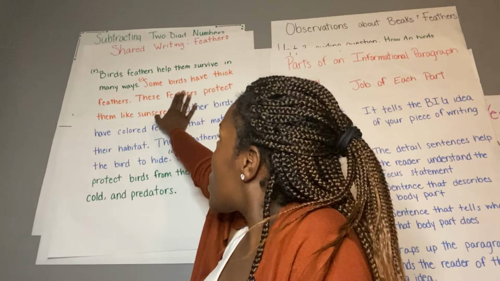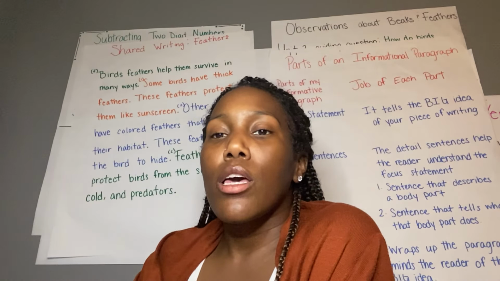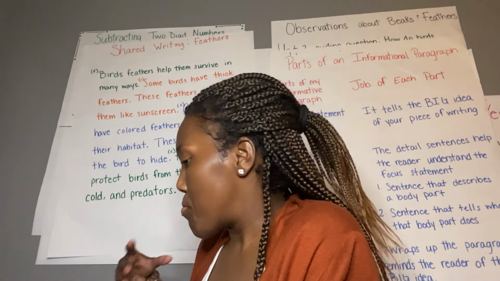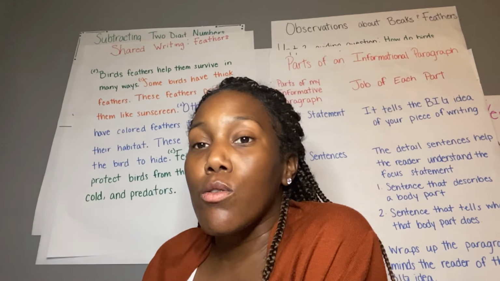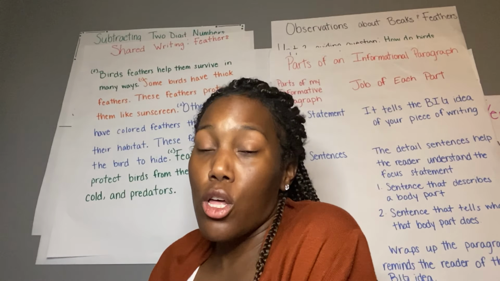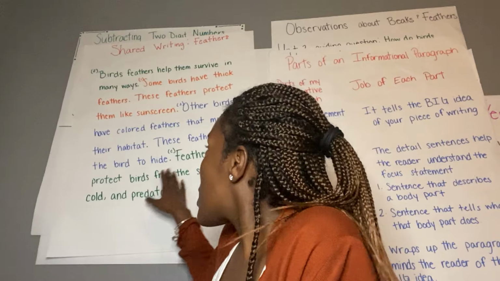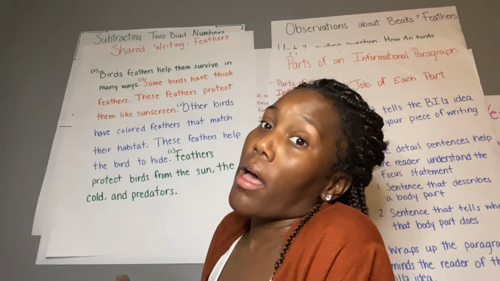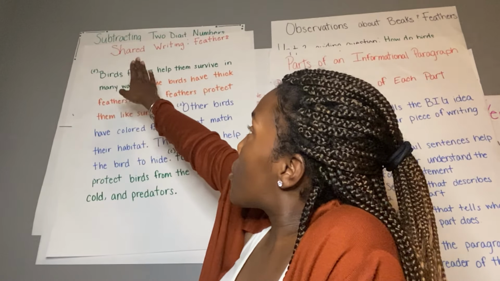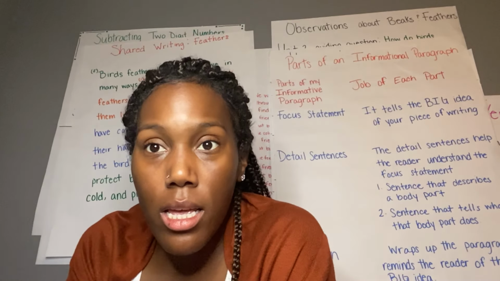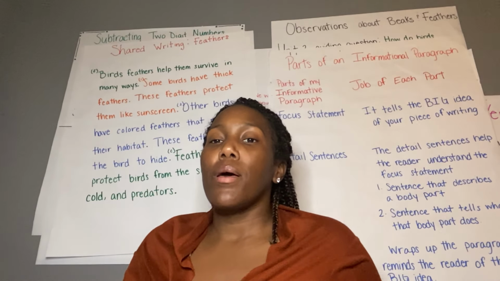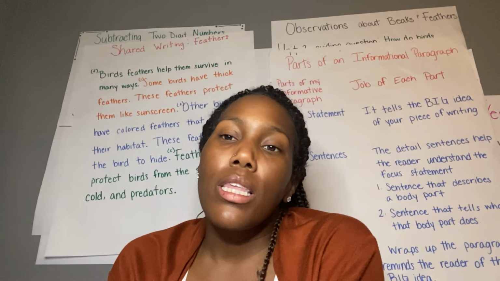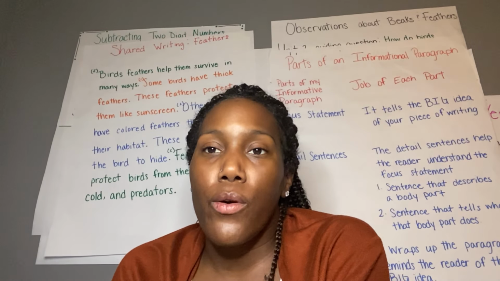So if you wrote in your first detail, the beak helps them survive by drinking the nectar, or the beak helps them rip the scales from a fish, we could close our conclusion sentence by saying beaks help birds eat their favorite foods like blah blah blah, because that's telling us how the bird's beak helped them survive in many ways. You want to sum up that first focus statement and kind of restate it in a different way. So you just want to say it a little bit differently than you did in the focus statement.